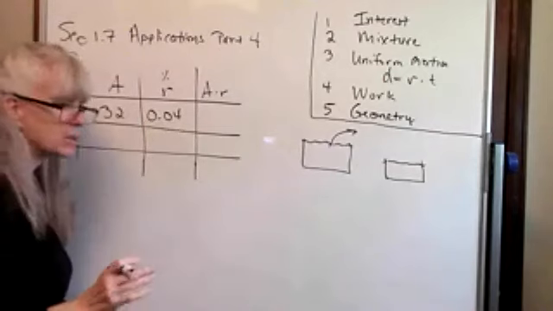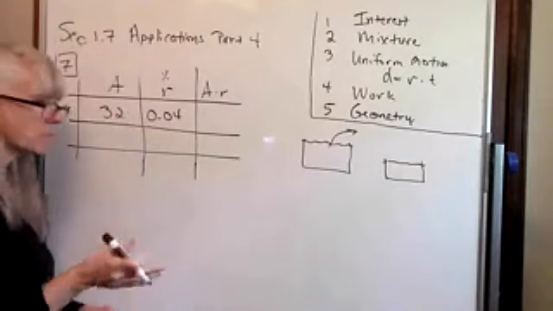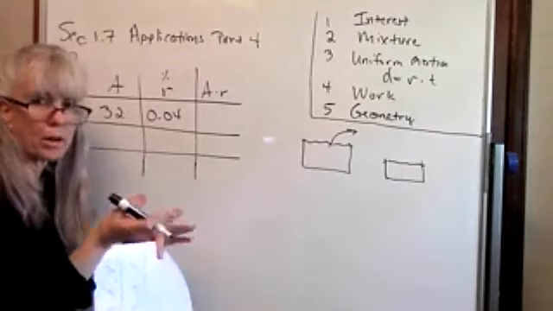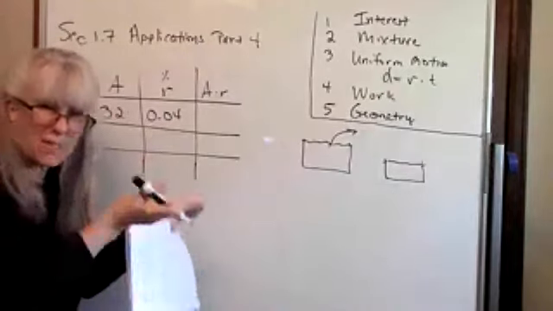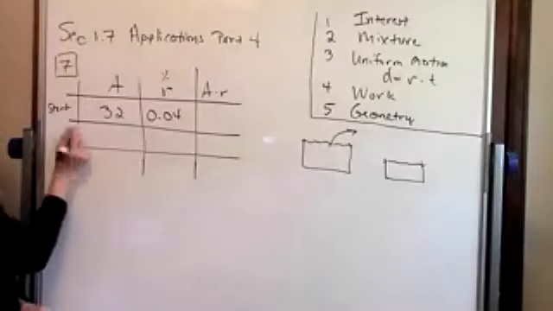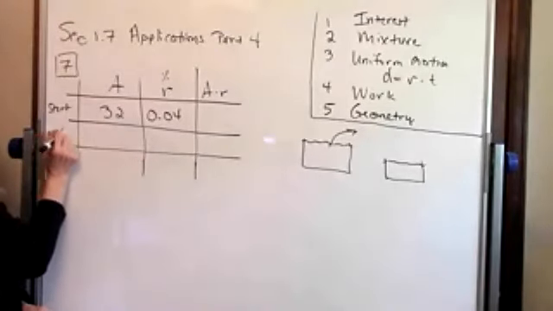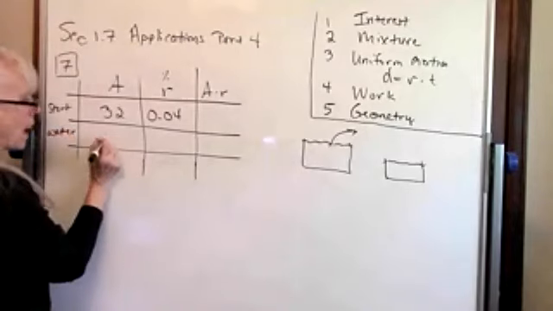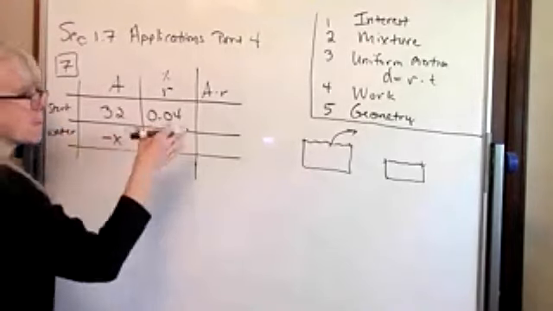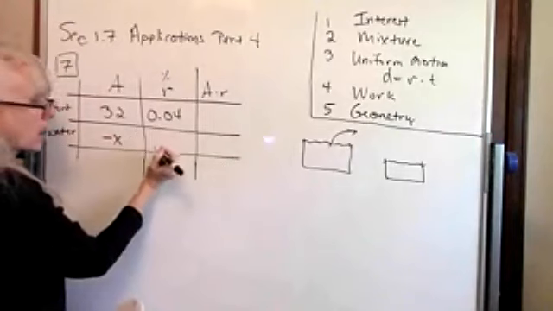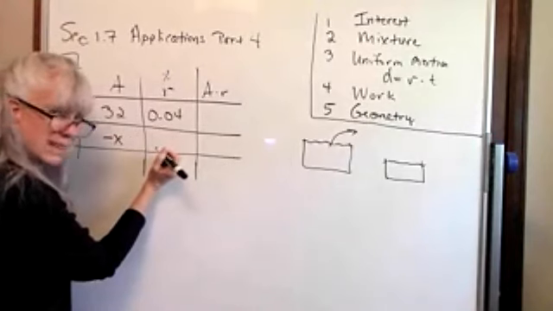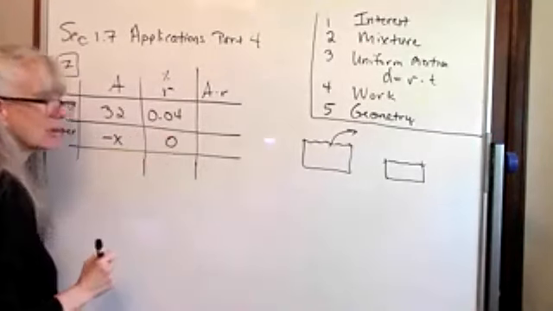And what's going to happen is we're evaporating off. And what we're evaporating off is pure water, because water is what's evaporating. It's going to leave the salt behind. So we're going to subtract off water. Now, I don't know how much water, but it's what's evaporating off. And water has no salt in it, so it's a 0% solution.